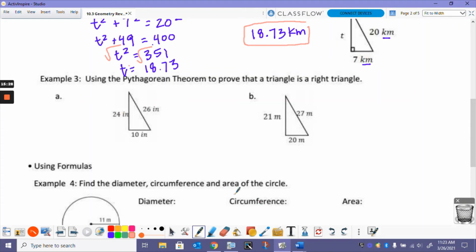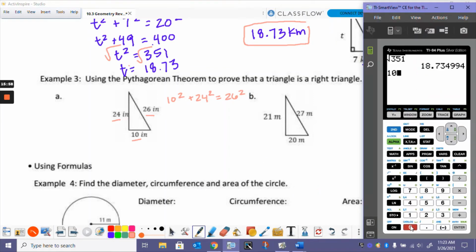So basically, we just want to make sure when we know all three sides of a triangle, if you can prove this to be true, that means that there is a right triangle, okay? So let's go ahead and look at that. So if we had 10 squared plus 24 squared, we want that to be equal to 26 squared.